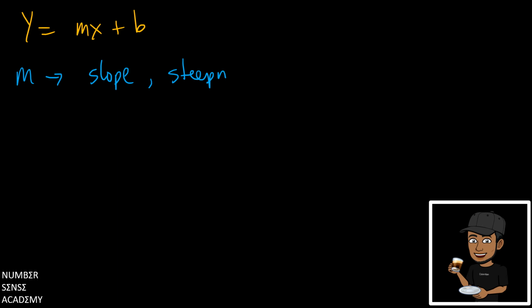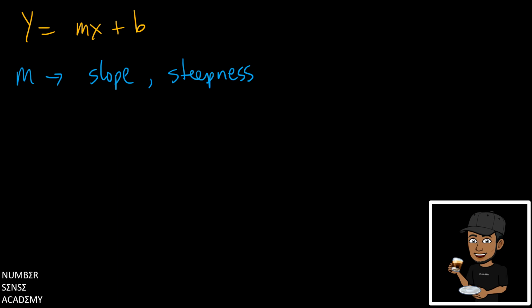So we have y equals mx plus b. So what is m? M is the slope. The slope is another term for steepness. So think about climbing up a hill.